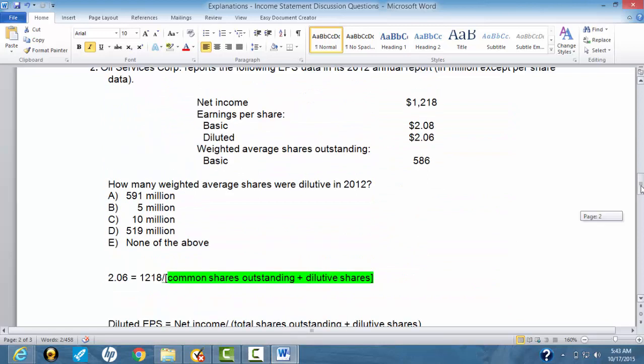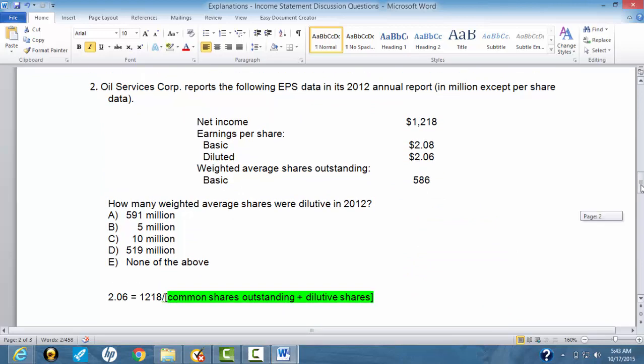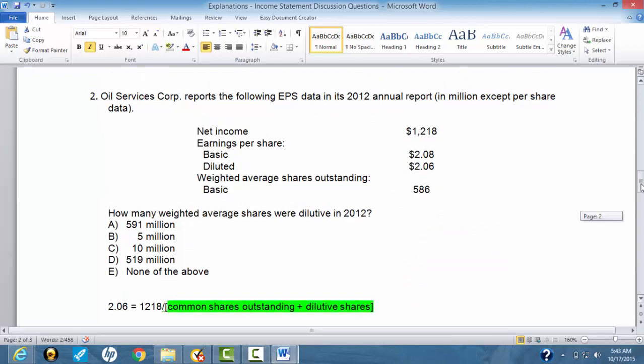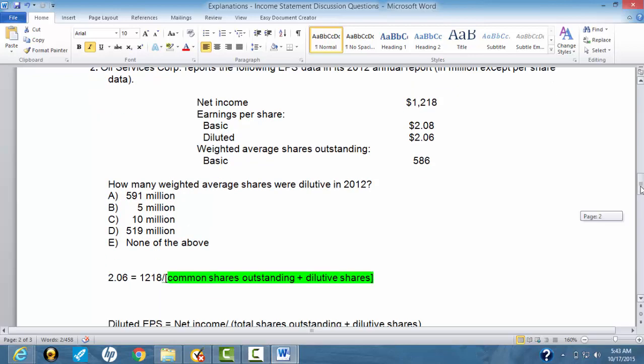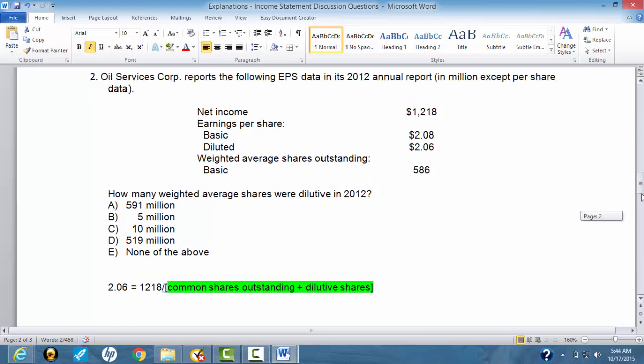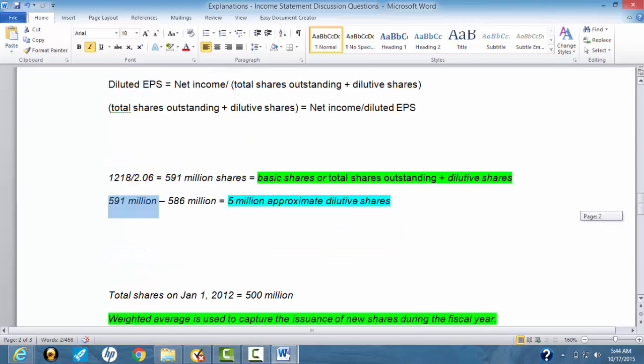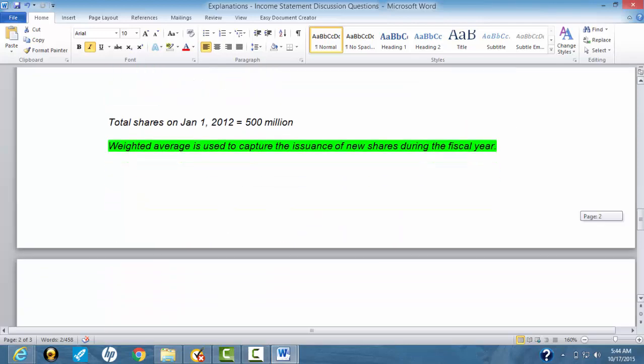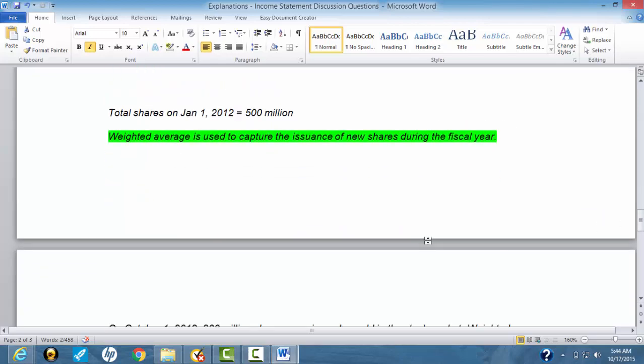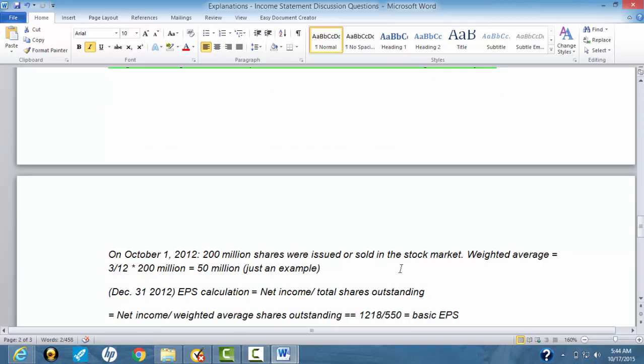Now, the weighted average shares outstanding is used in the calculation for EPS because in some cases, shares are issued during the fiscal year. For example, let's take a company that has a fiscal year from January 1 to December 31. Let's assume that on January 1, it had 500 million shares.